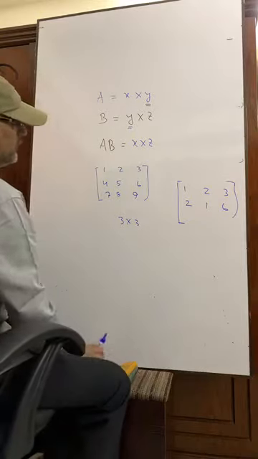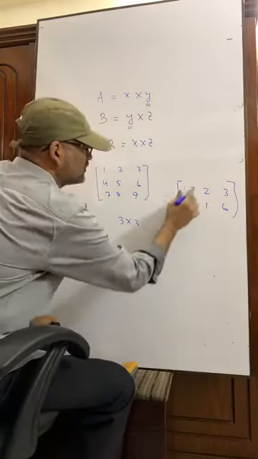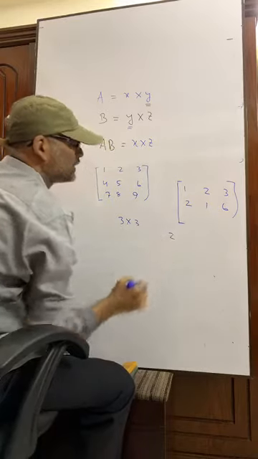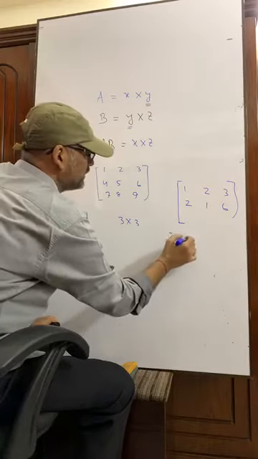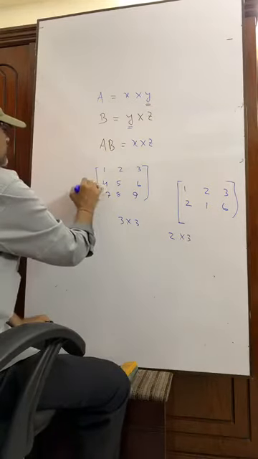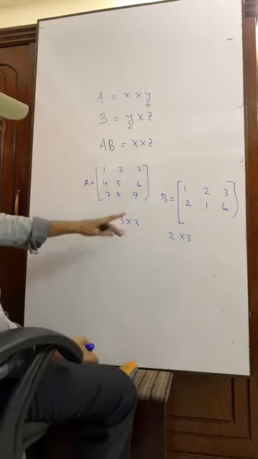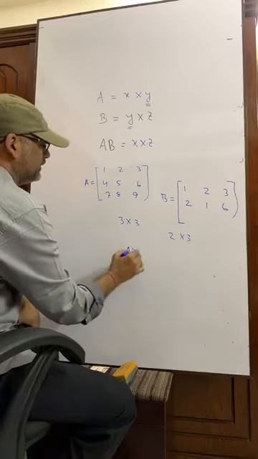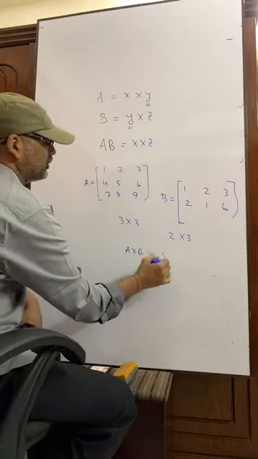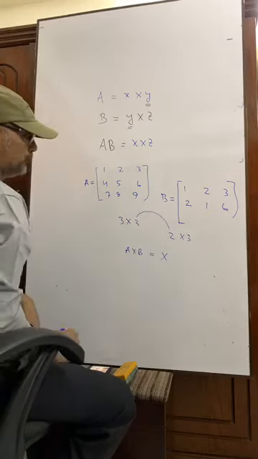Now it is a matrix of row RC. There are 2 rows and 3 columns, so 2 into 3. Suppose it is A and it is B. Is it possible to find the product A into B? It is not possible, because this is 3 and this is 2.